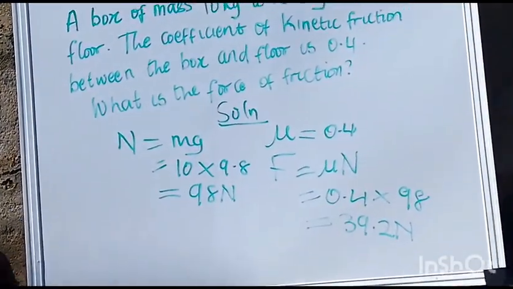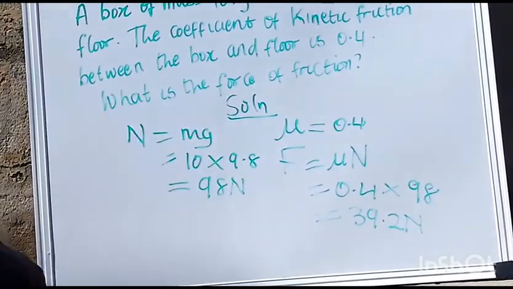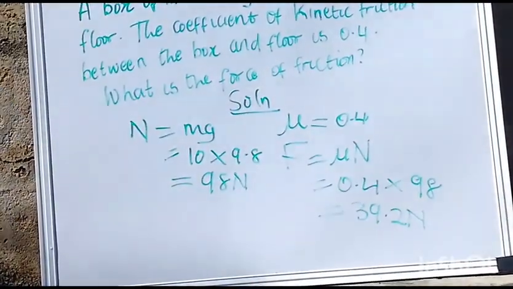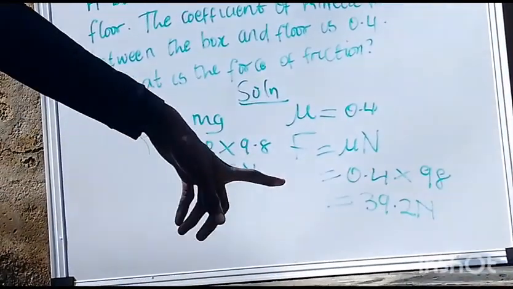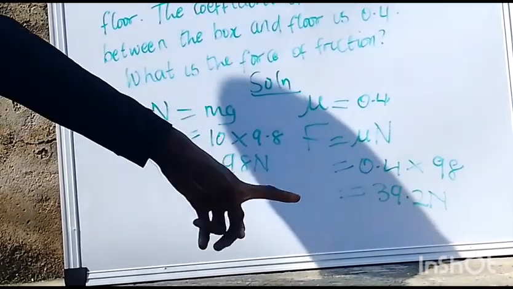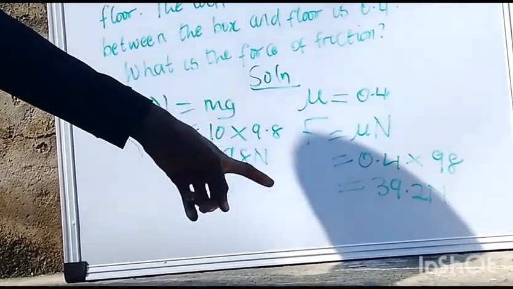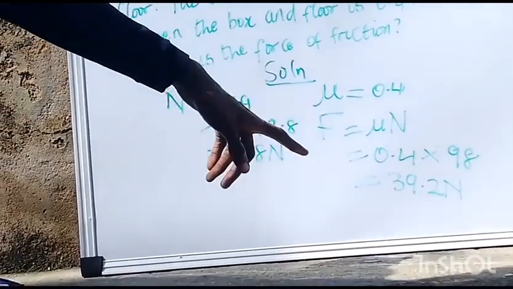Easy peasy. The frictional force is 39.2 newtons. This tells us exactly how much force you need to apply to keep the box moving at constant speed.